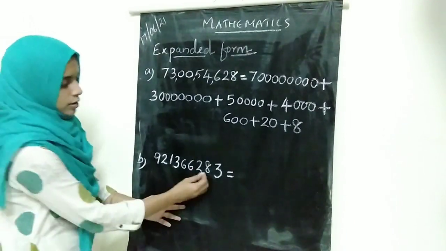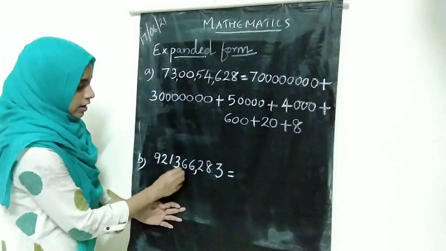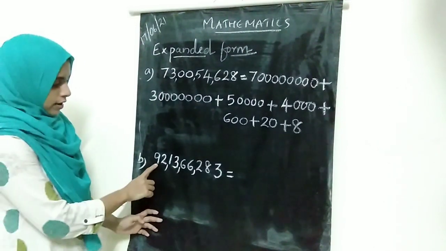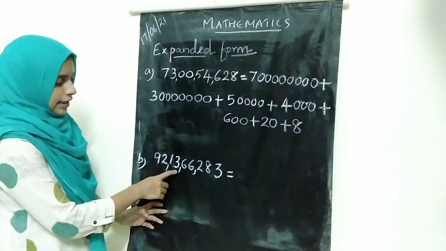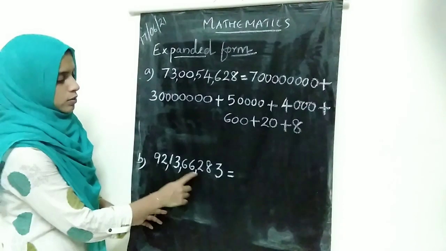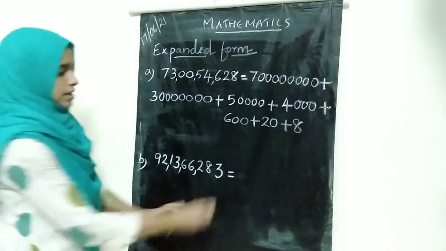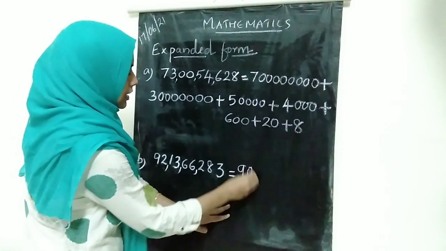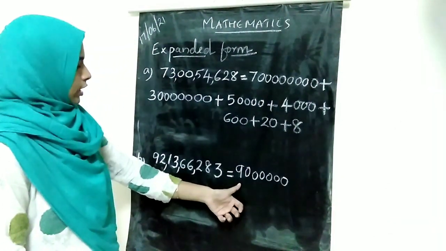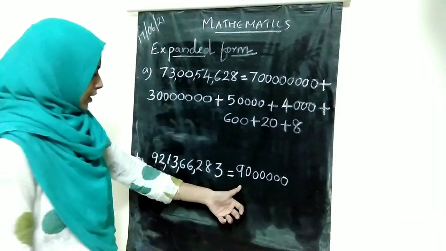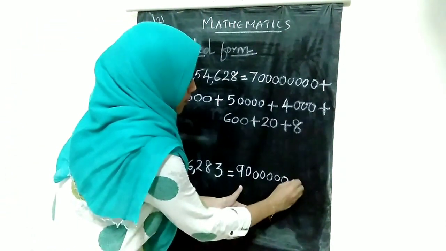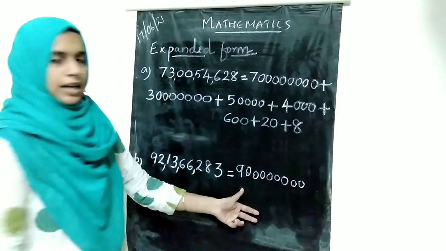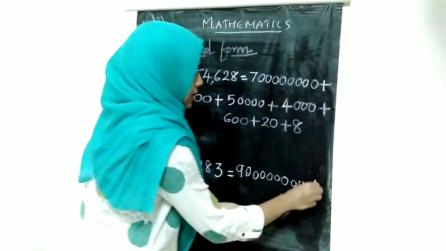Next question, put commas first: 3 2 2. So 92 crore 13 lakh 66,283. Same method you can follow. 9, after that you can write 8 zeros: 1, 2, 3, 4, 5, 6, 7, 8. 8 zeros, plus.